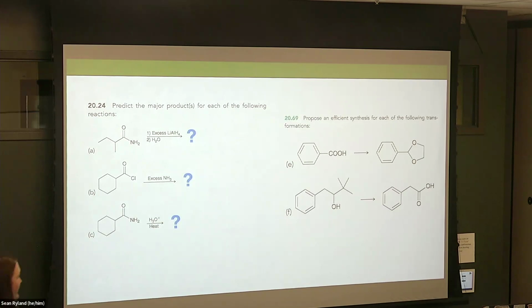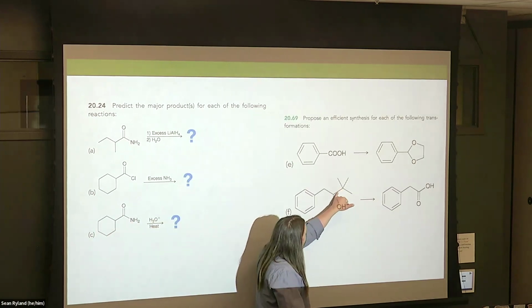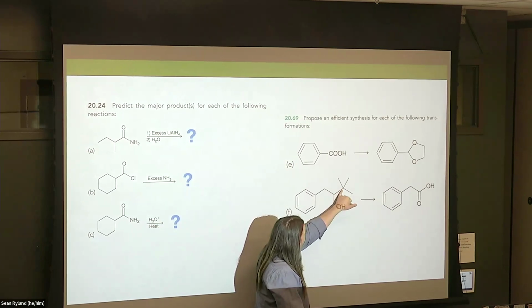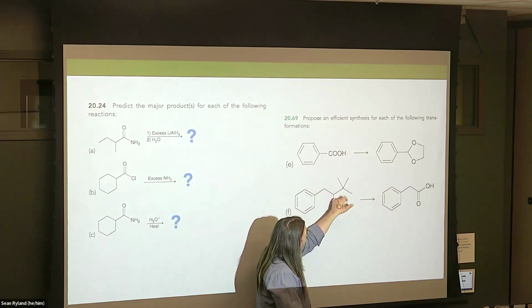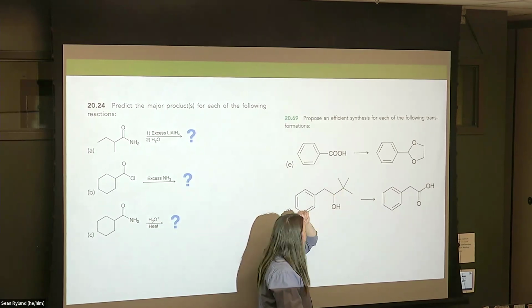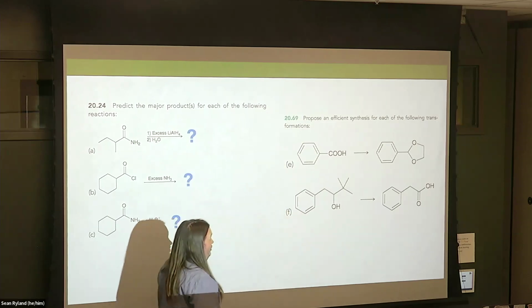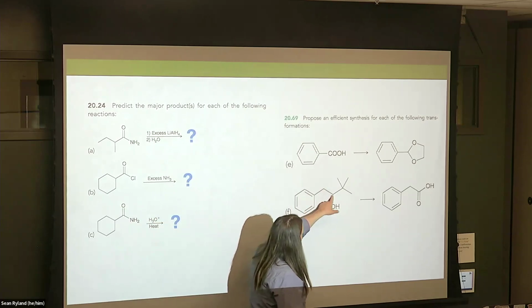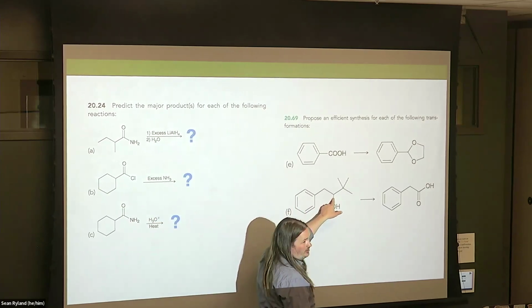So for this one, if we can put a double bond right here, that would be ideal, but we can't put a double bond there because that's a quaternary carbon. That's a head scratcher. We could put a double bond here, and then chop everything off and then add one more carbon back.